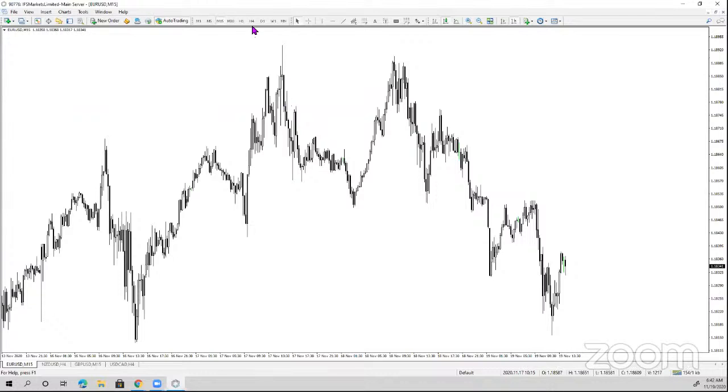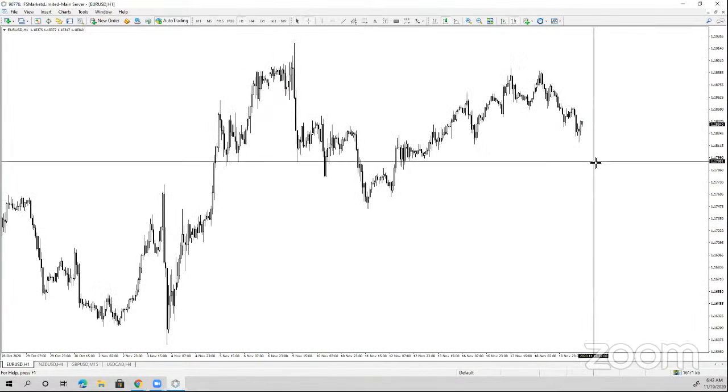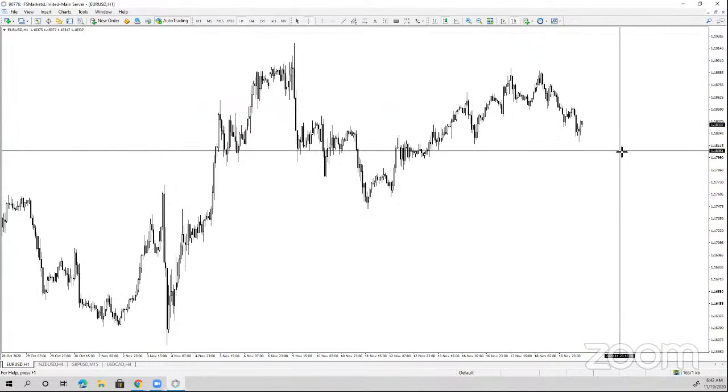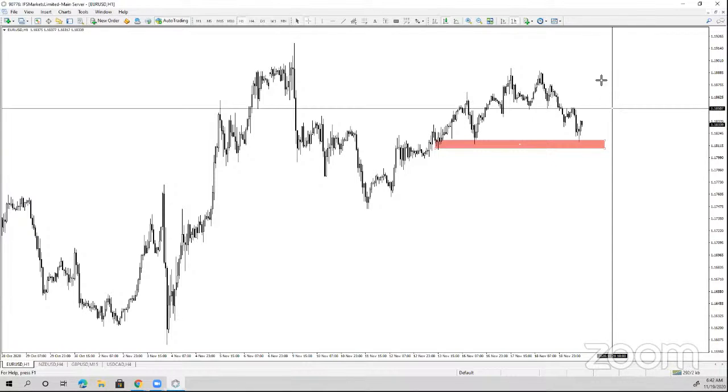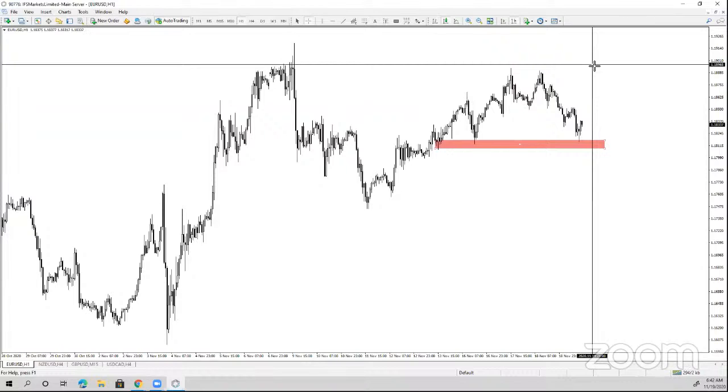So this is the 50-minute chart. Let's go to the hourly, and this is the base I need price to break. I would be keen to short the Euro USD below this base. Because I like to keep my stop loss wide enough to give my trade enough room to breathe, I will be putting my stop loss here.